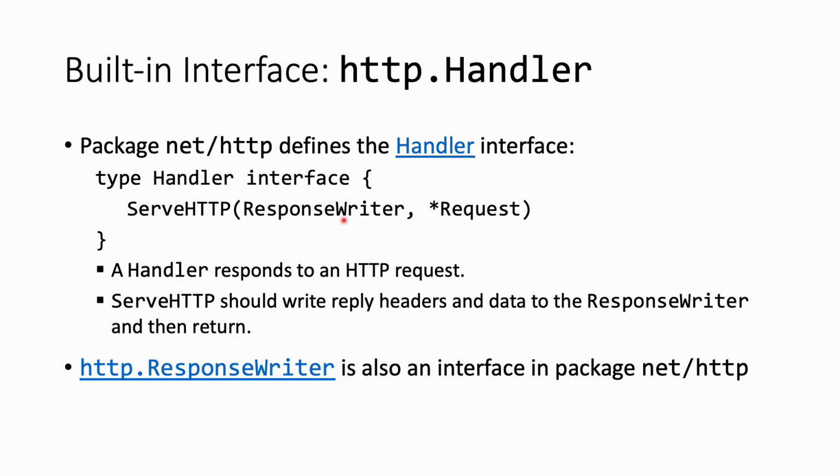Note that ResponseWriter is also an interface defined in the package net/http. A handler is supposed to respond to an HTTP request. The method ServeHTTP should write reply headers and data to the ResponseWriter and then return.